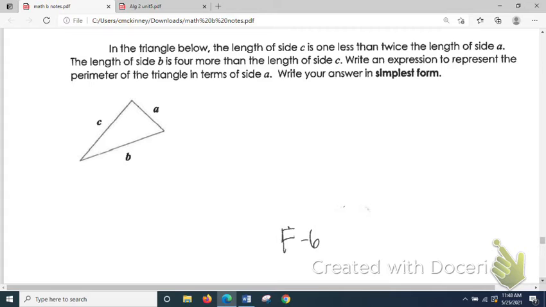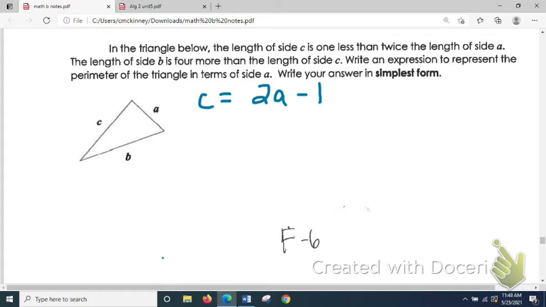All right, so it says the length of the side C is one less than twice A. So C is equal to 1 less, so I'm subtracting 1 from twice A. This is one that we are having to do some translating, and then we'll be doing some combining like terms after that. So C is the same as 1 less than twice A.